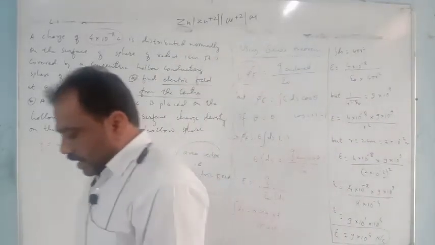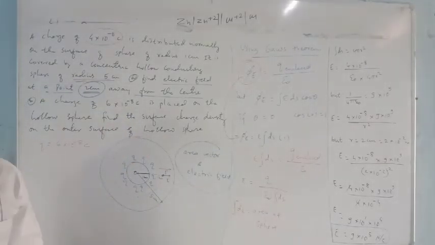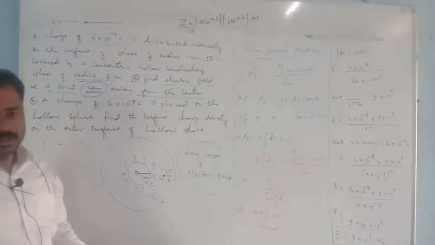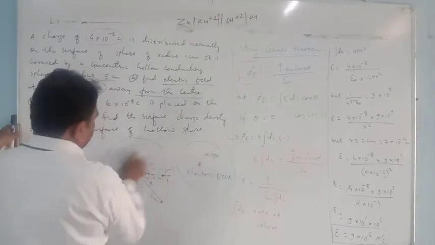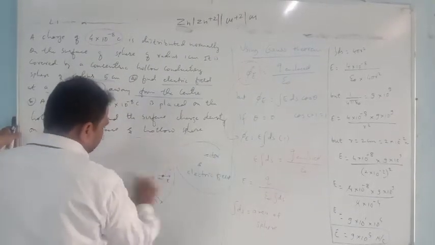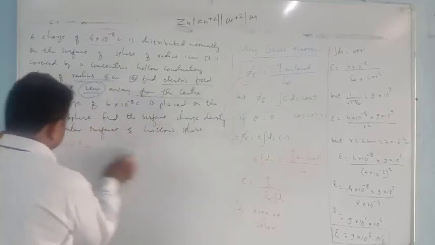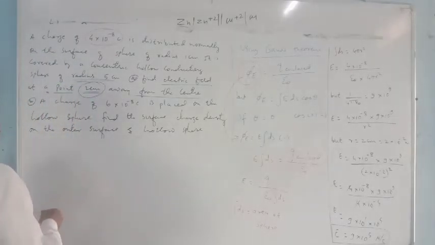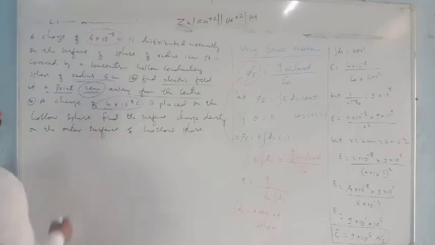See our next part. So in the next part, for the second part, a charge of 6 into 10 to the power minus 8 Coulomb is placed on the hollow sphere.